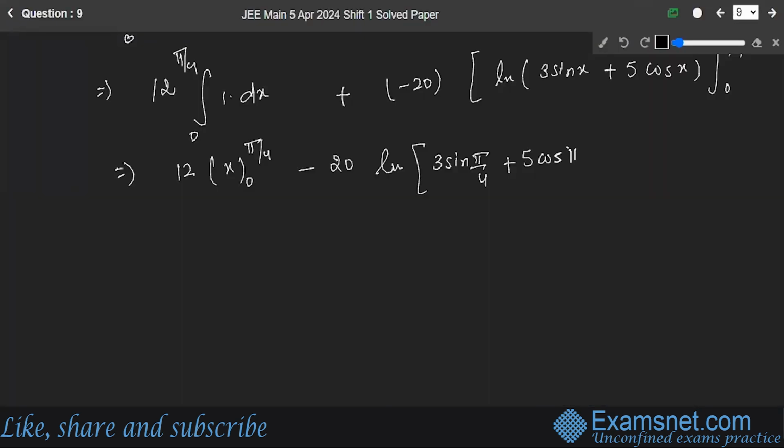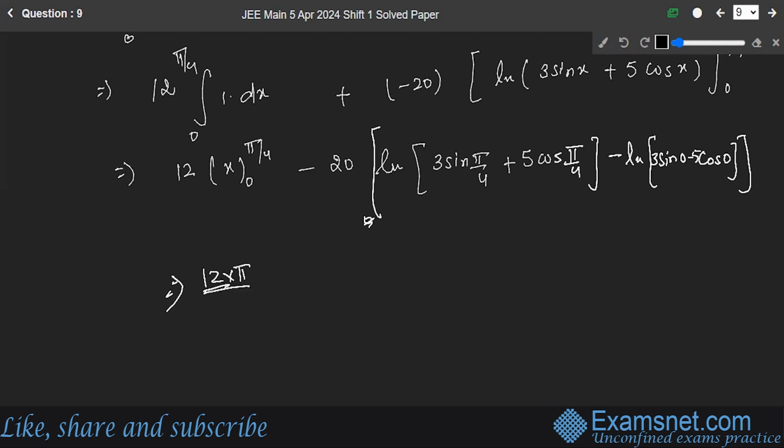Here was cos pi by 4. And now again the log of 3 sin 0, 5 cos 0. Okay, limits I have used. So this is 12 into pi by 4 minus 0 minus 20.